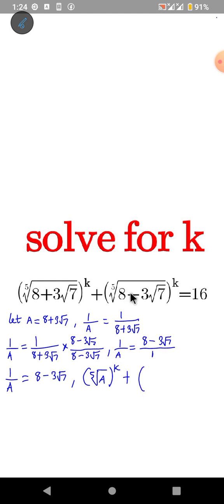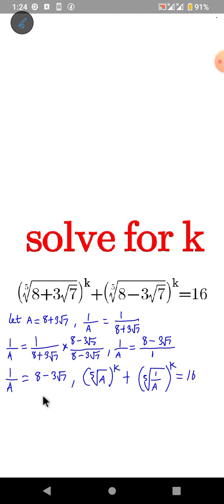Now this is the fifth root of this, 8 minus 3 root 7, which is the same thing as 1 over A. So write 1 all over A. Close our bracket, all raised to the power of K, all equal to 16.